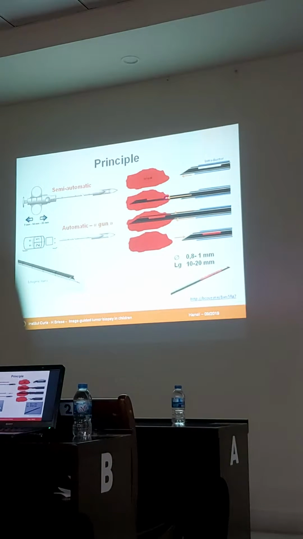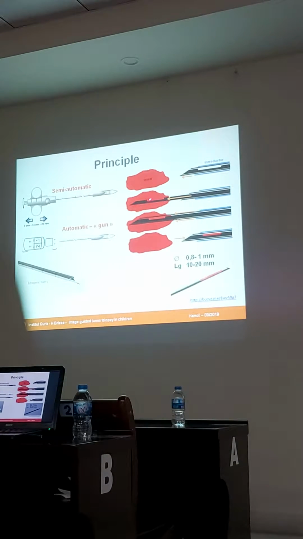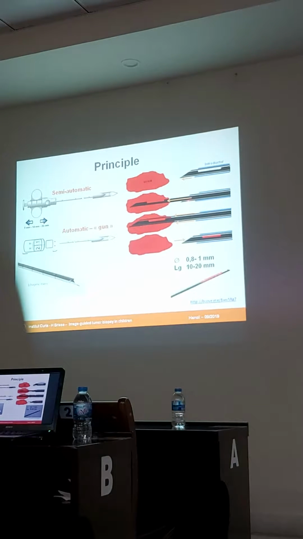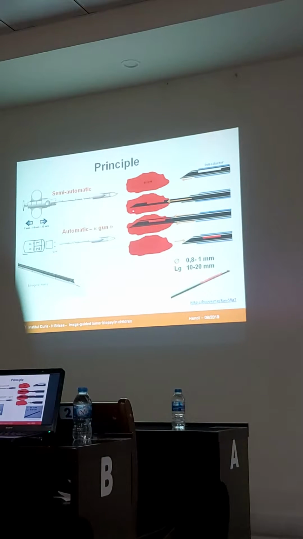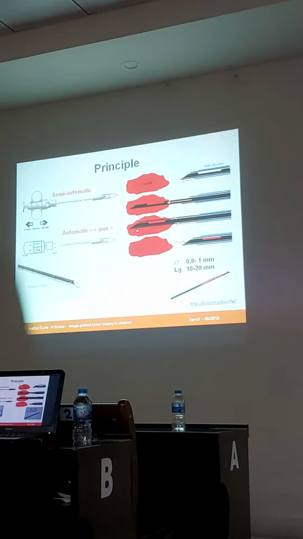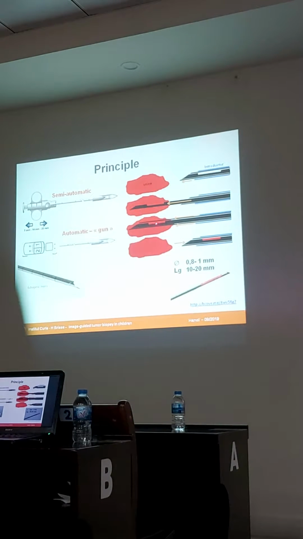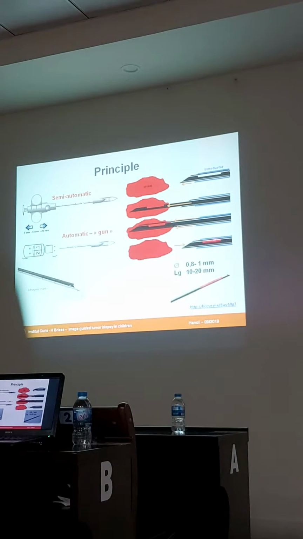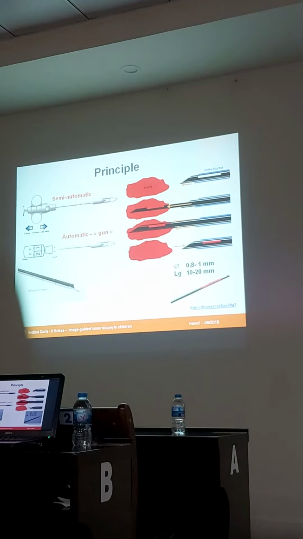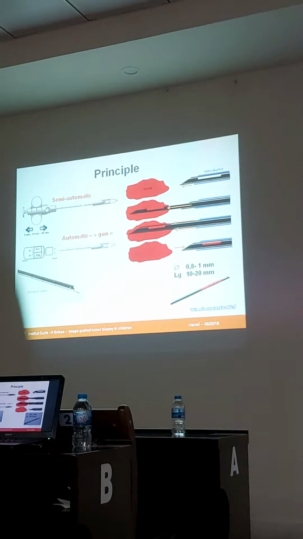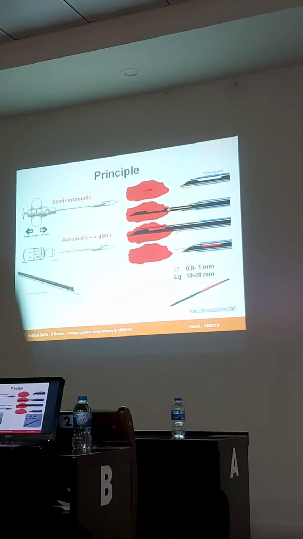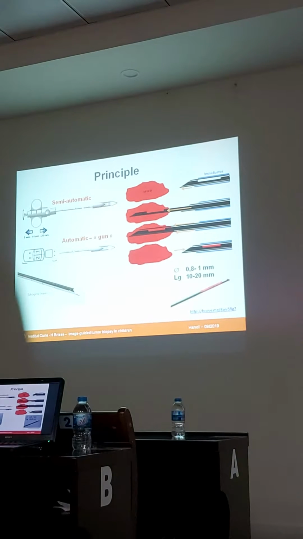The internal needle has a window, and you put it in the mass, and the external part of the biopsy needle goes forward and cuts this small part of the tumor, which is located within the needle here. Then you pull out the needle and you get the specimen here, which is usually 10 to 20 millimeters long.